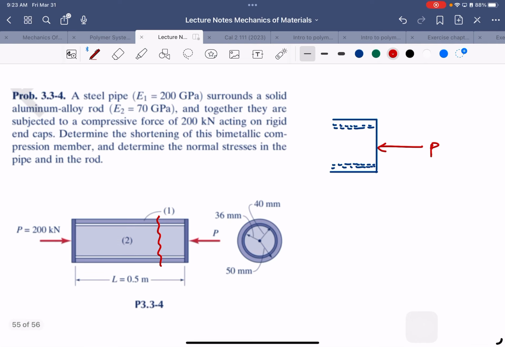Since we know that this will be compressive and the end result will be shortening, I think we could imagine the force going that way. As long as you understand the logic, for me, I will just make it going to the left like this.